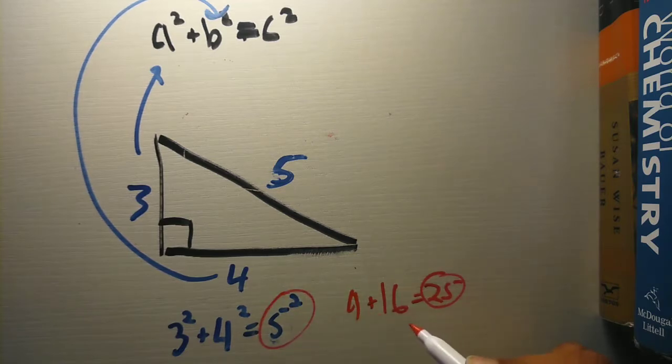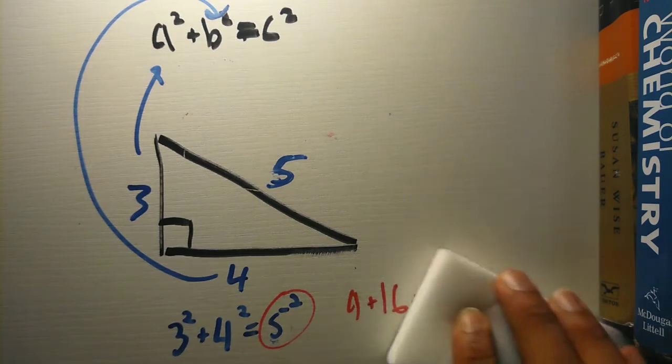And you call numbers that fit this criteria in the Pythagorean theorem triples. You will find some numbers that don't fit it very nicely.